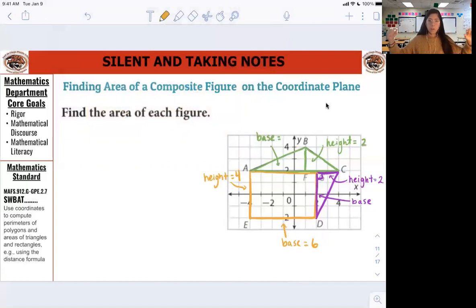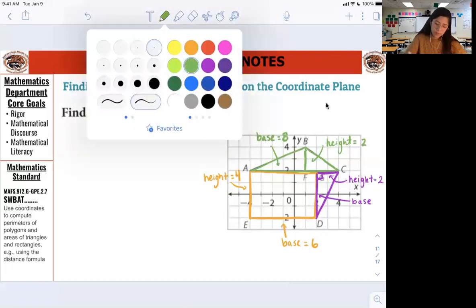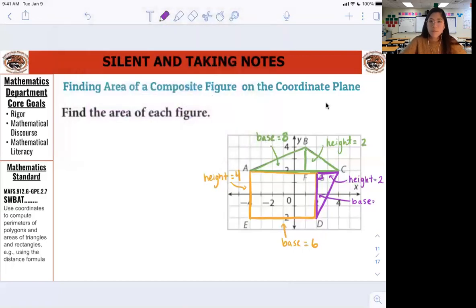So for the green triangle we need that whole length from A all the way to C. There we go, AC is 8. Okay, just missing the base of the purple triangle, which is 4. All right, cool.